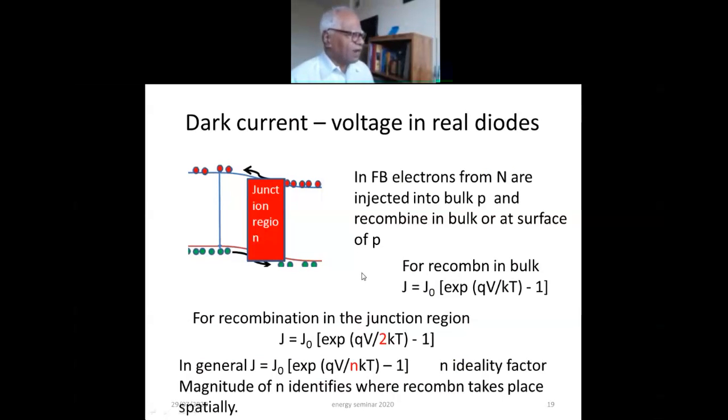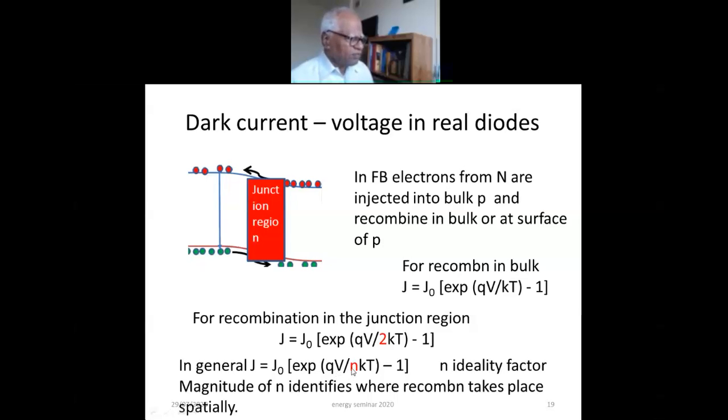So if you look at a real diode, the electrons, we said, will recombine here in the bulk. It can also recombine in the junction region, in the depletion region. Whenever it recombines in the depletion region, the current will go as e to the qV by 2kT. In general, the current is written as J naught e to the qV by nkT, and n can go from 1 to 2.